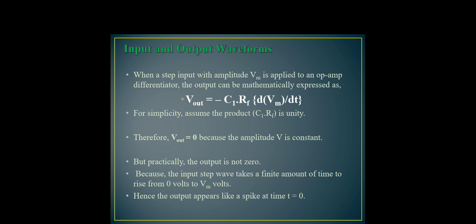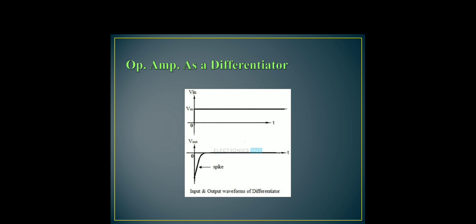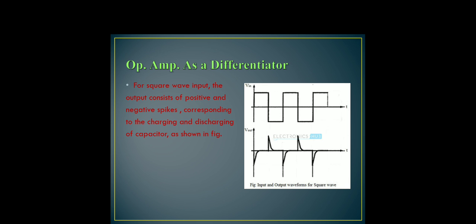For simplicity, assume the product C1 Rf equal to 1, that is unity, and as Vm is constant, Vout equals 0. But practically this output is not 0. The step input waveform takes a finite amount of time to rise from 0 volt to Vm volts, you can see in this diagram.